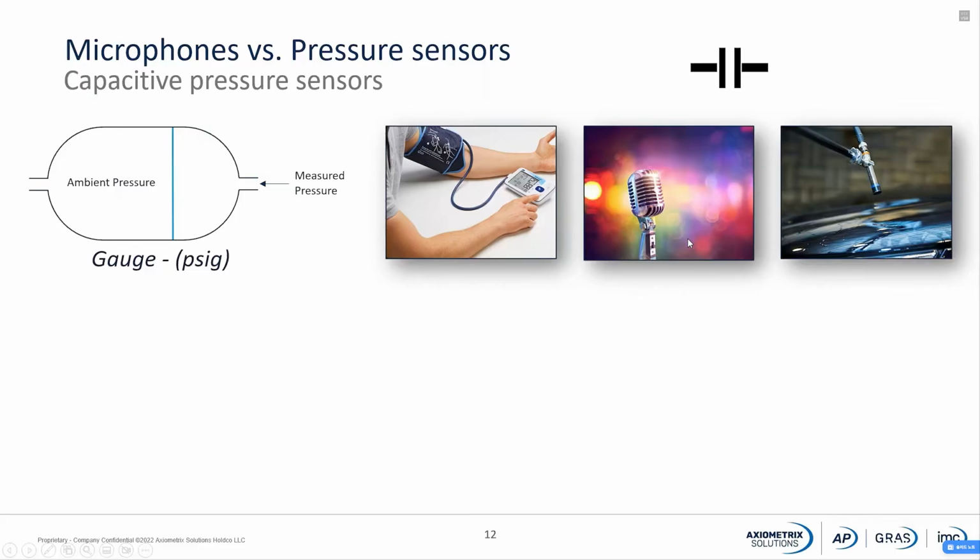We also have a microphone where we can sing into karaoke or something like that. And this is also using the same technology with a gauge pressure measurement. But then we also have pressure measurement microphones that are using this way of doing the measurement.